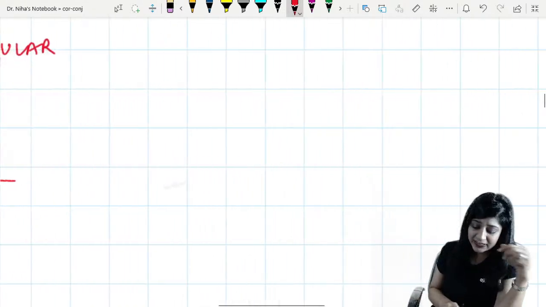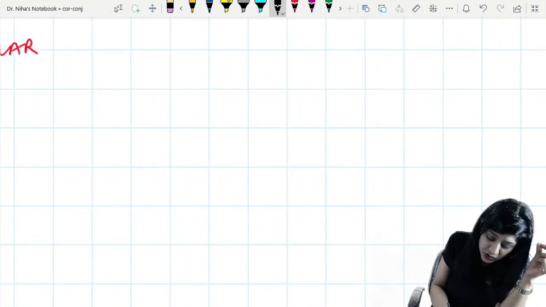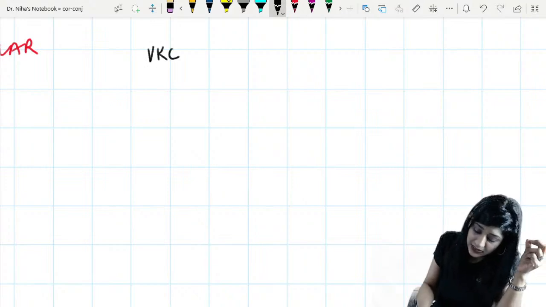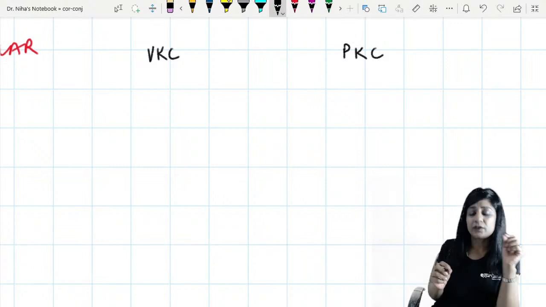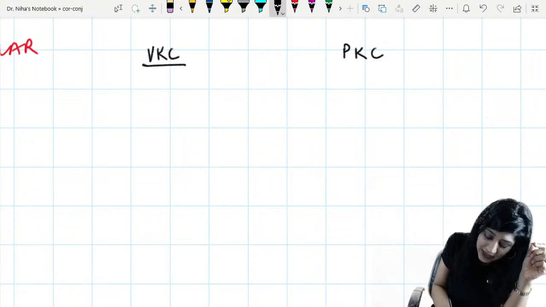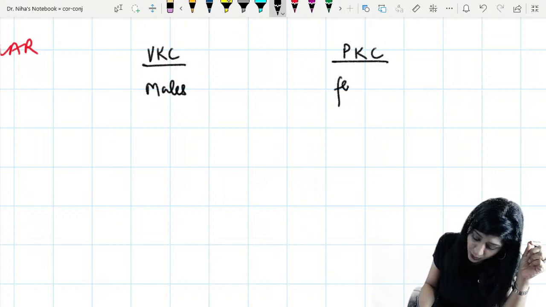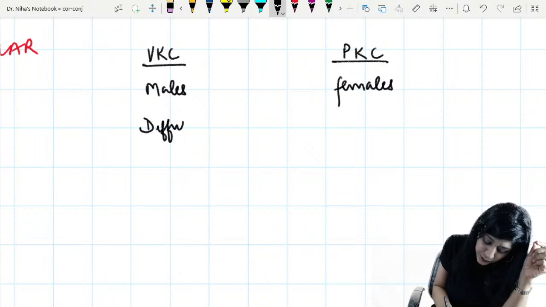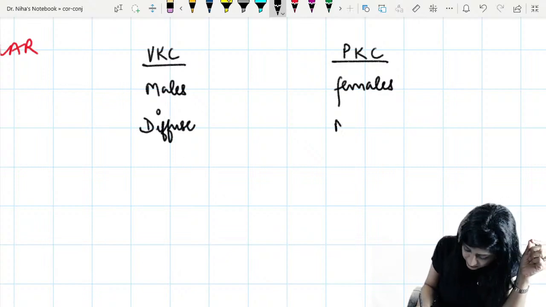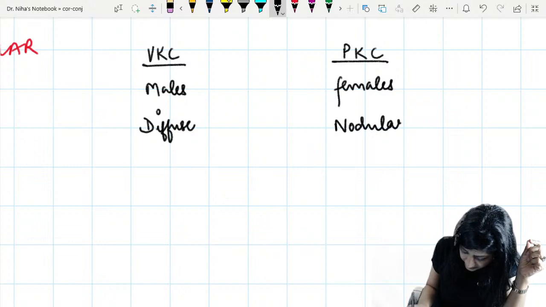Now the main challenge is how to differentiate between the VKC and the phlyctenular keratoconjunctivitis. So there are certain things that you should always see, like VKC is more common in males while phlyctenular is more common in females. This was a diffuse allergy, while this is a nodular keratoconjunctivitis.